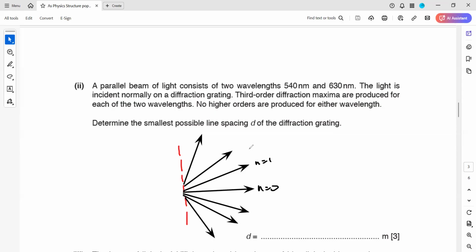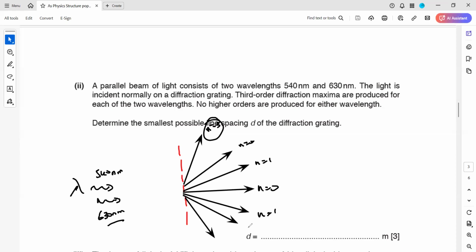Then n is equal to 1, n is equal to 2, and n is equal to 3. The wavelengths we were using were 540 nanometers, and another wavelength, 630 nanometers, because longer wavelength diffracts more. Even with 630 nanometers, it was producing a third order image.